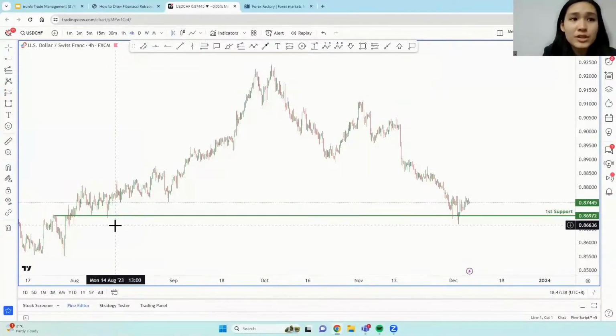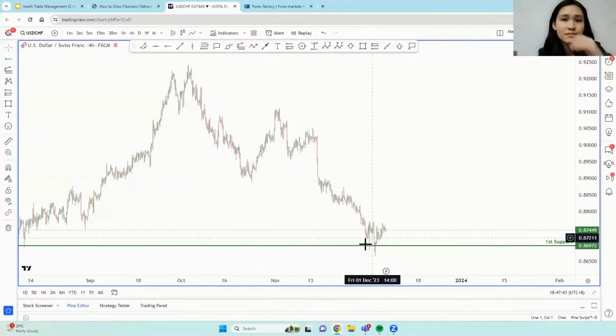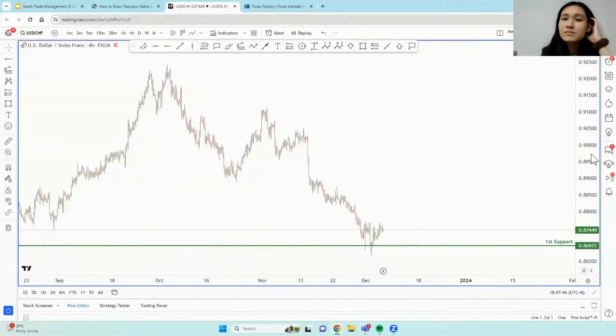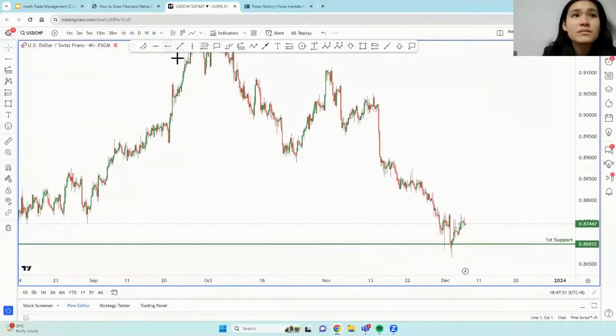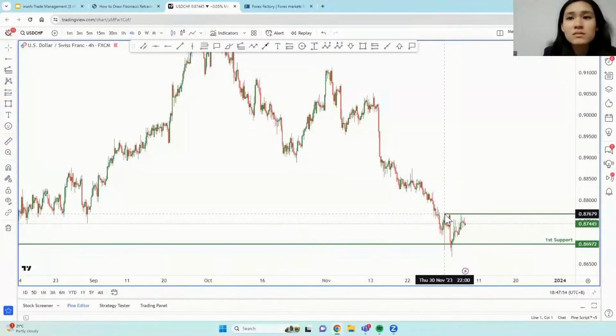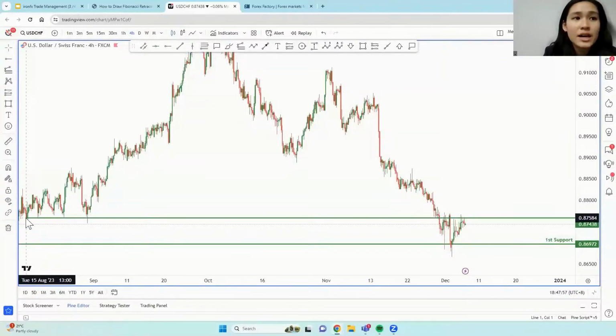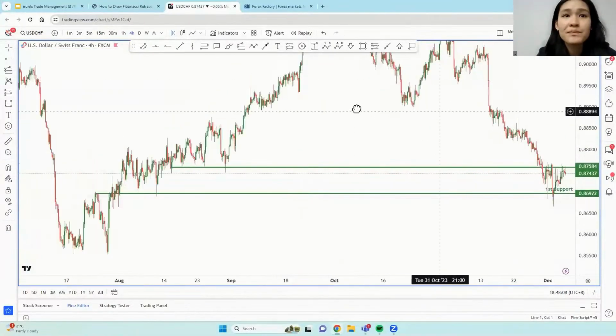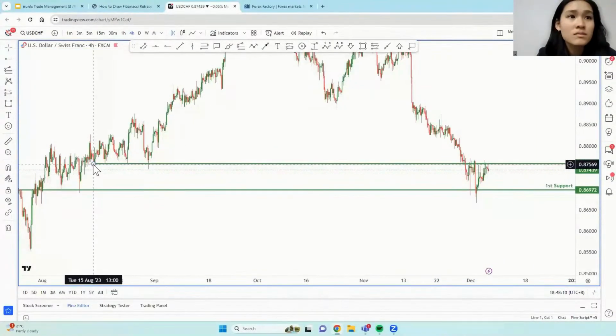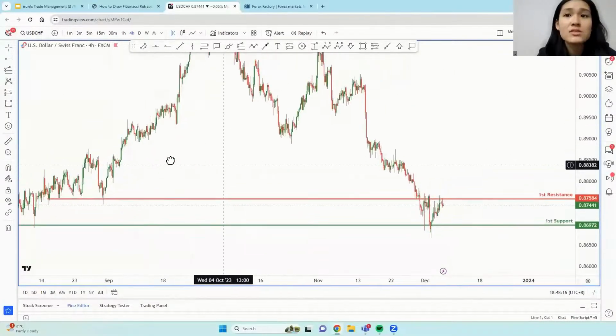Okay, this is my first support, and you can see once again it's an overlap level of support. And here I have my first resistance.